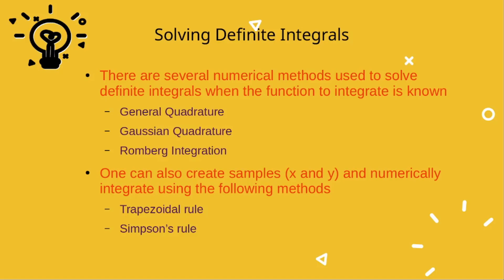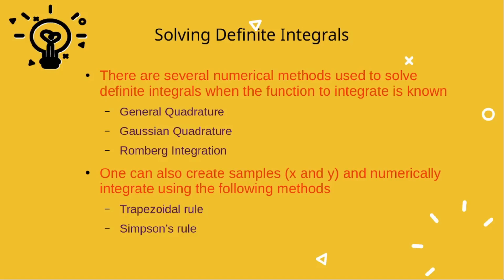So essentially what these methods do is they take your function and recognize that the solution to the definite integral is nothing but the area under the curve, and then they find ways to approximately calculate the area under your curve using quadrature or Romberg integration.